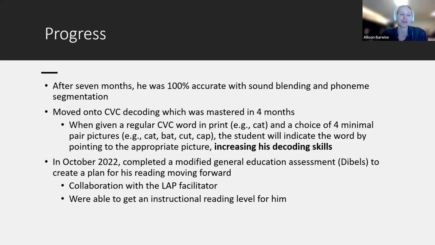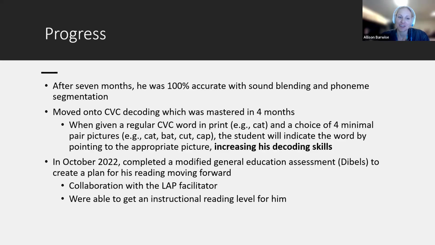He started to fly through all of this, so he moved quickly through that. And I have an example of what that goal looked like there. Again, it is very similar to the sound blending goal. You just put the printed word on the bottom and have him read it, hopefully in his head, and then point to the corresponding picture.